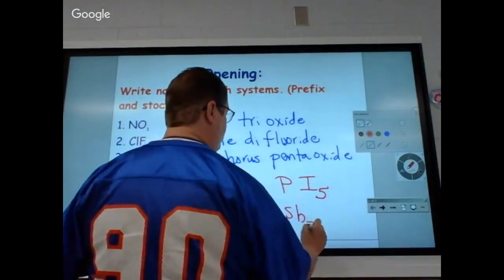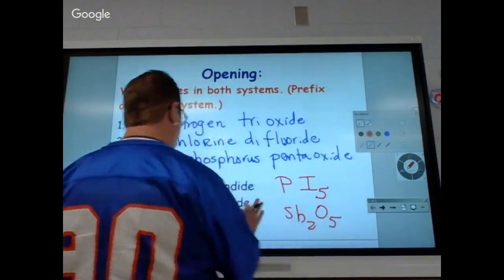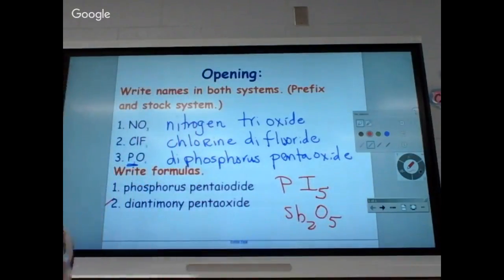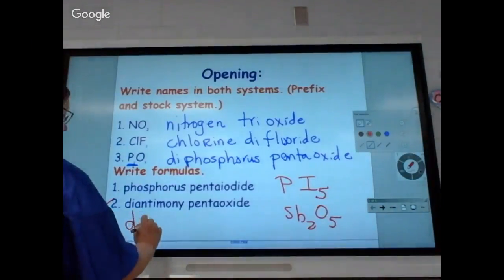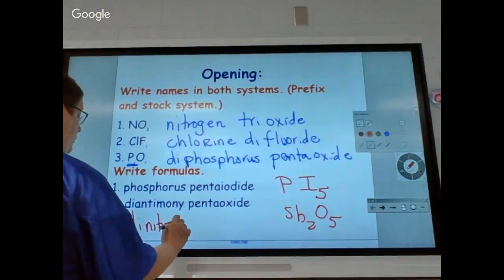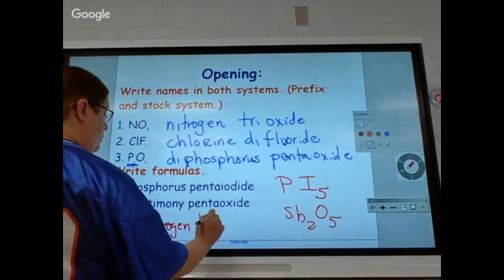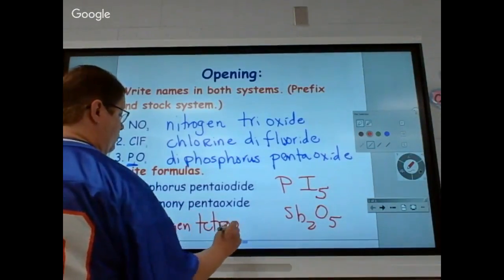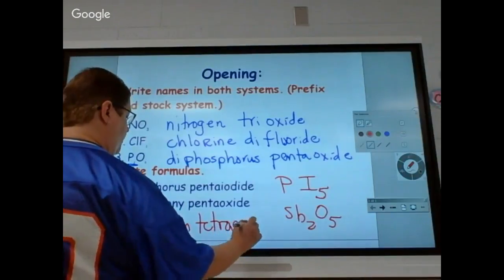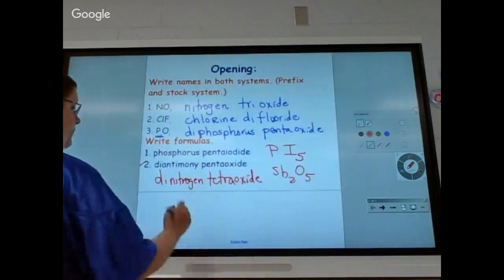And do you simplify if the numbers are like? In old system, no. Old system does not simplify either. So if you had, let's say, dinitrogen tetraoxide, they gave you that.